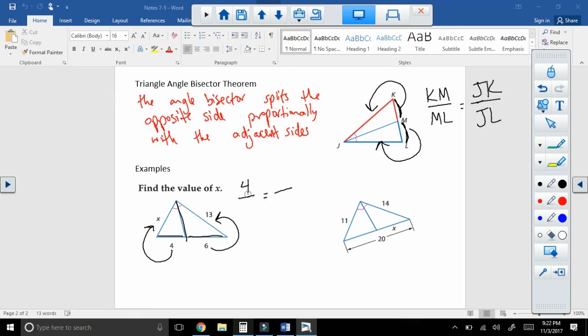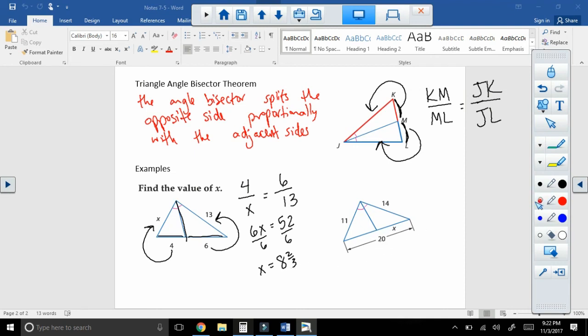I would set it up 4 is to x as 6 is to 13, and then I could go ahead and solve that. So when I solve this, I get 6x equal to 52, and then when I divide those each by 6, I get 8 2/3, or you could write 8.6 repeating if you'd rather write it that way.